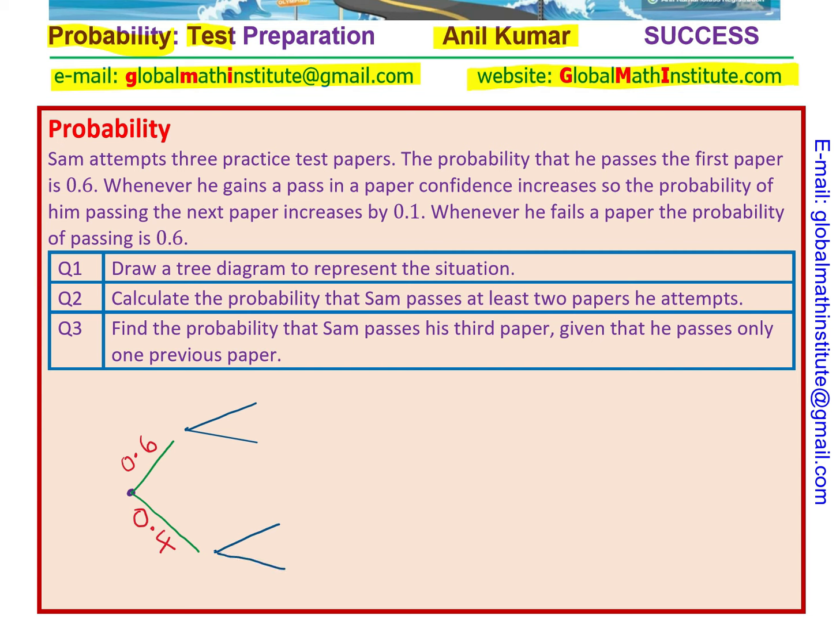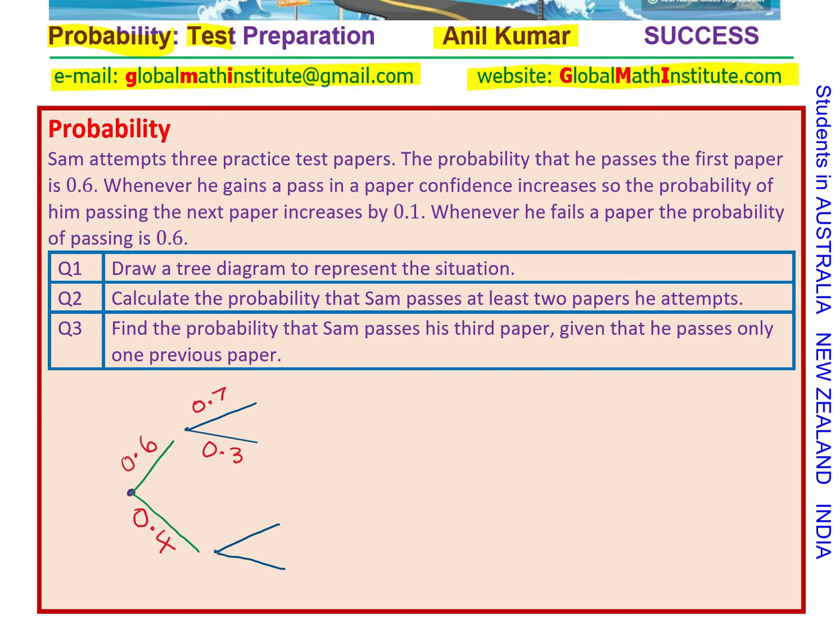Now, if he has passed, then the probability increases by 0.1. That means it becomes 0.7, right? And clearly, if it is 0.7, then for failing at this stage, probability will be 0.3.